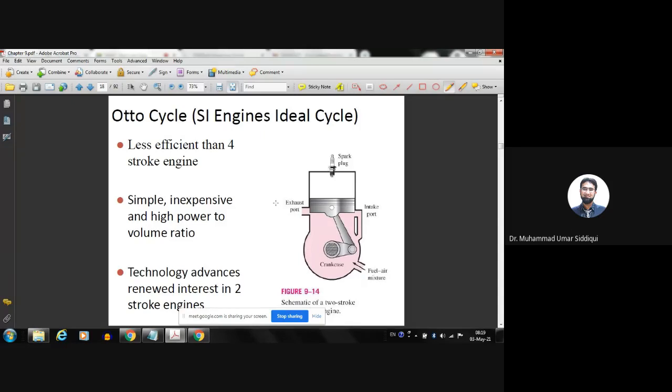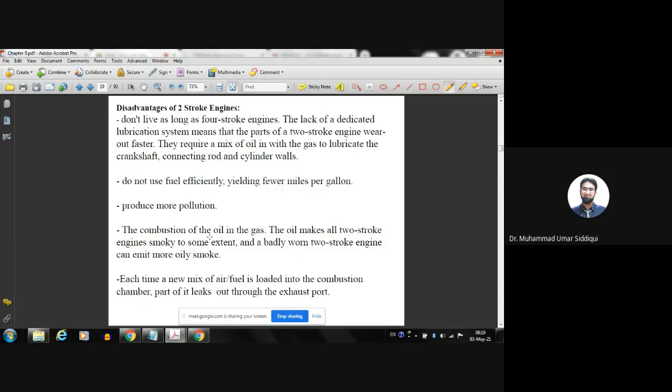They are going to explain the operation of these 2-stroke engines, and also the disadvantages of these 2-stroke engines compared to the 4-stroke ones are listed there. So I want you to go through it yourself. There are some disadvantages listed here, but I'm not going to go through it with you right now.